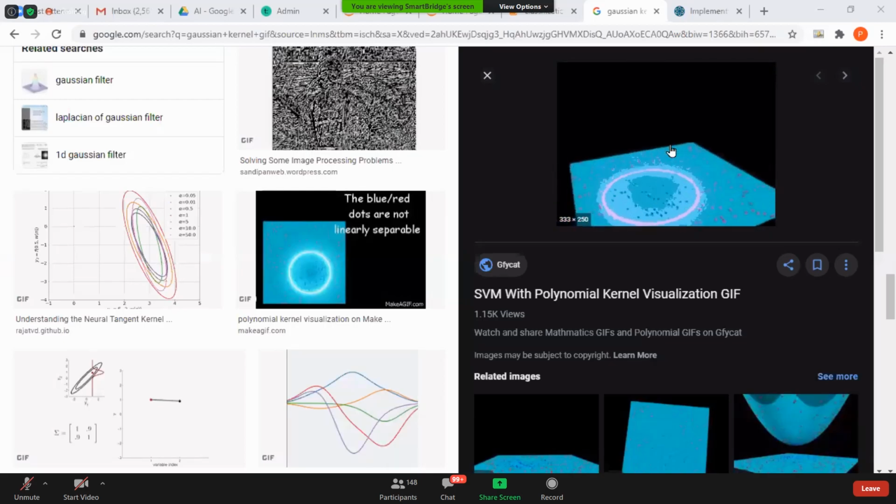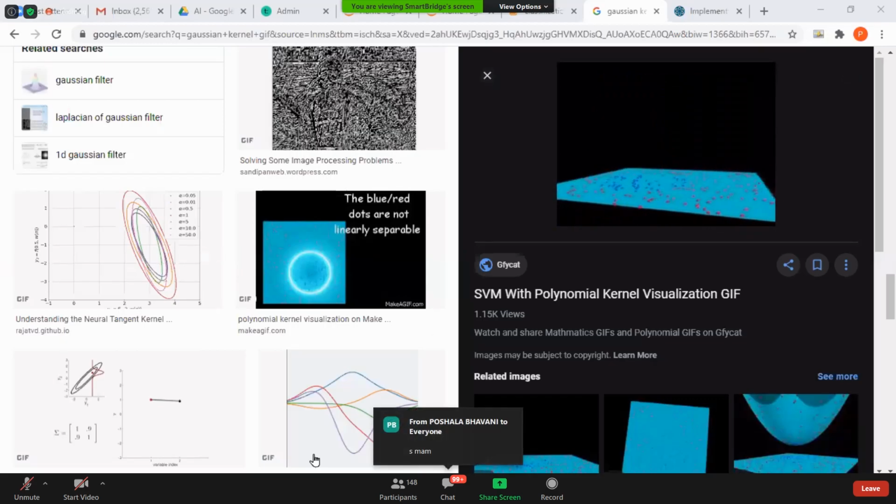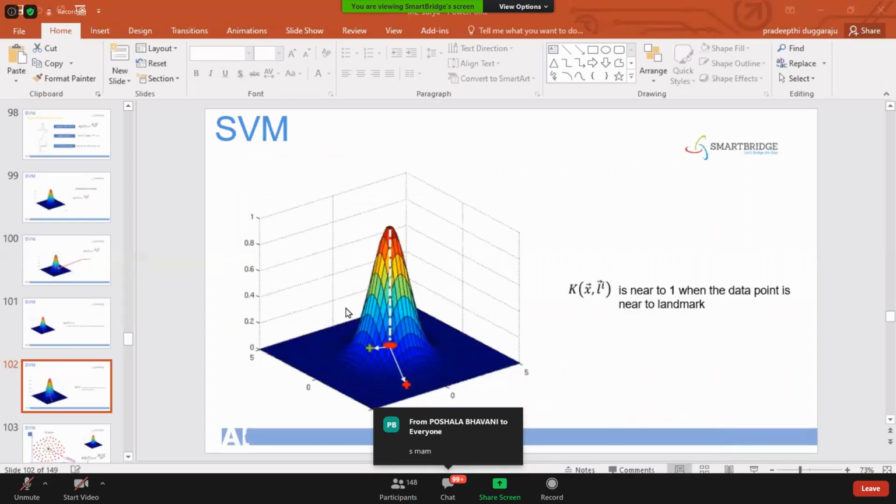So did you understand now? This is what the Gaussian RBF kernel is used for classification. Understood, guys? Here the same phenomenon happens. First, all the points move forward. Based on the landmark, it draws a circle. Did you understand this, everyone?